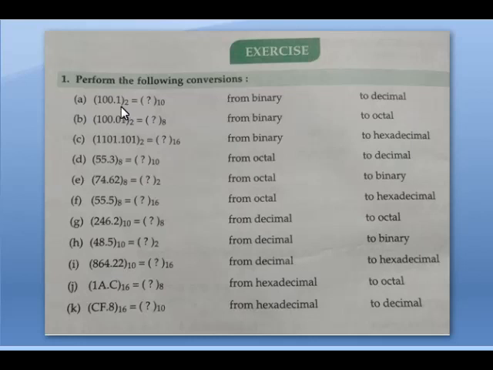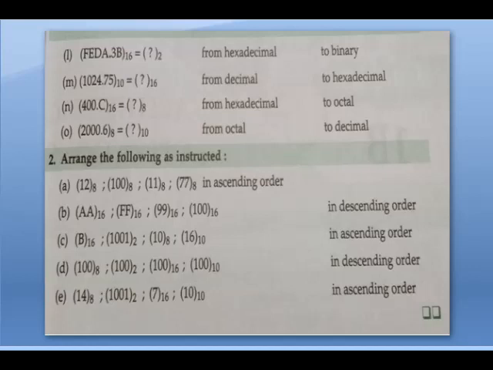First one is binary to decimal, then binary to octal, binary to hexadecimal, octal to decimal, octal to binary, octal to hexadecimal, decimal to octal, decimal to binary, decimal to hexadecimal, hexadecimal to octal, and hexadecimal to decimal. Next part is to arrange the following as instructed, in ascending order and in descending order.